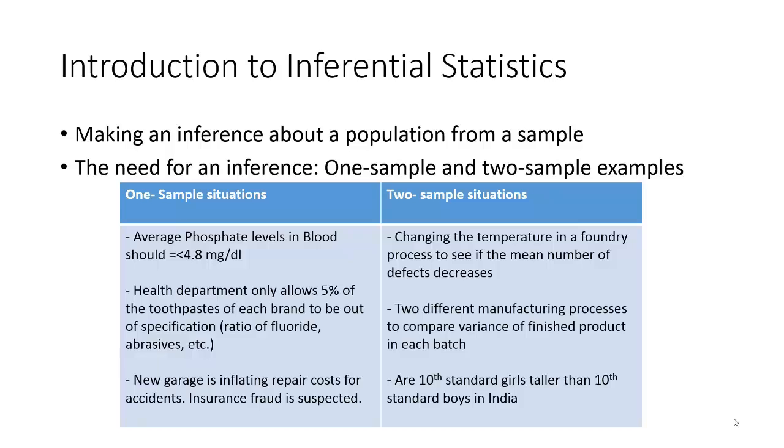Another way could be that the population itself is more of a theoretical, abstract concept. You might not have an actual data set, but it could be something like this: I've created a new machine, and this new machine is going to start making certain products. Let's say you're very interested in the product dimensions, say the diameter of a product this machine makes. You put raw material into this machine, the machine spits out some finished product, and this finished product has some diameter.